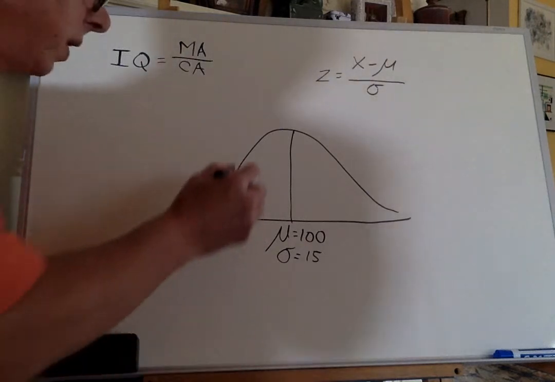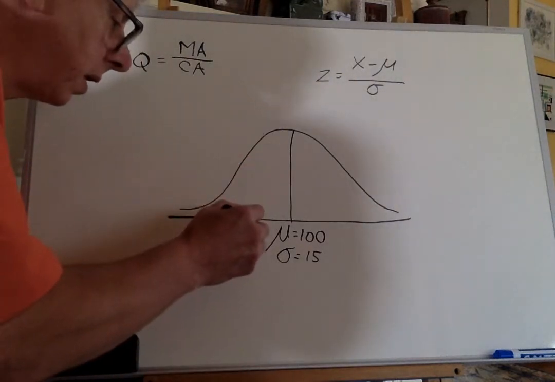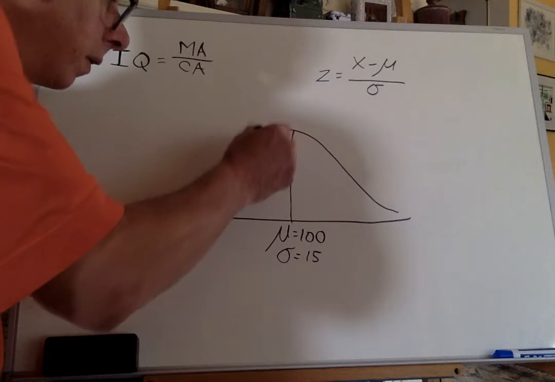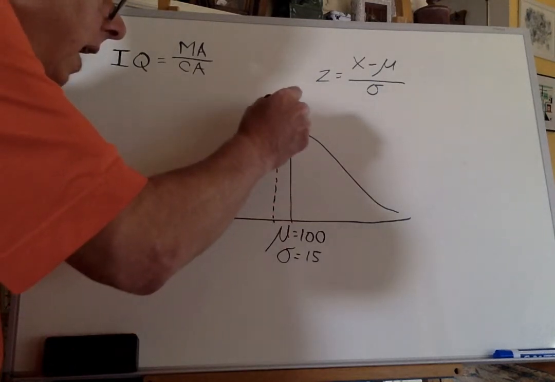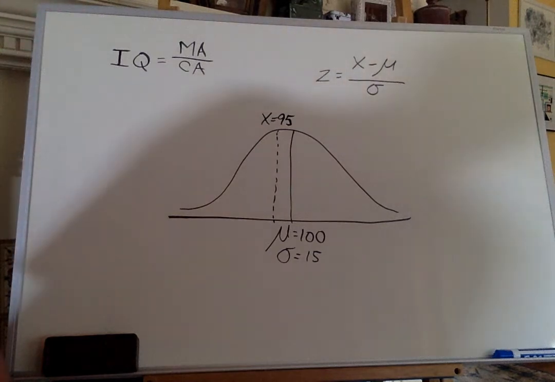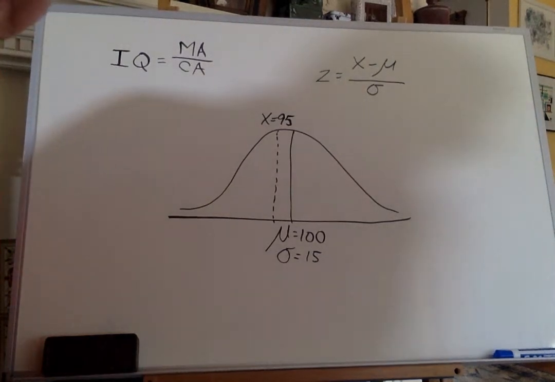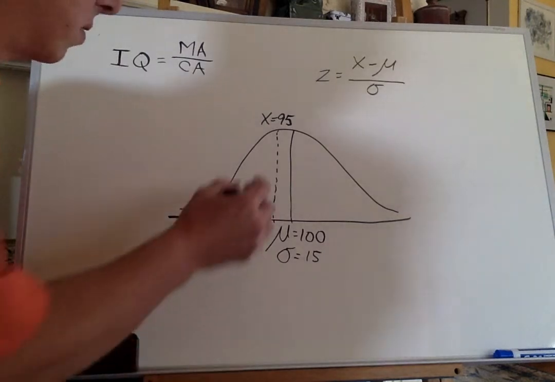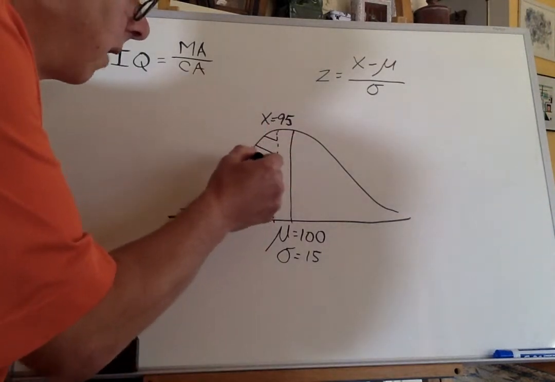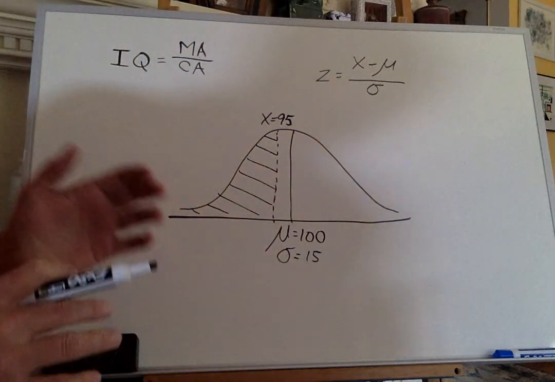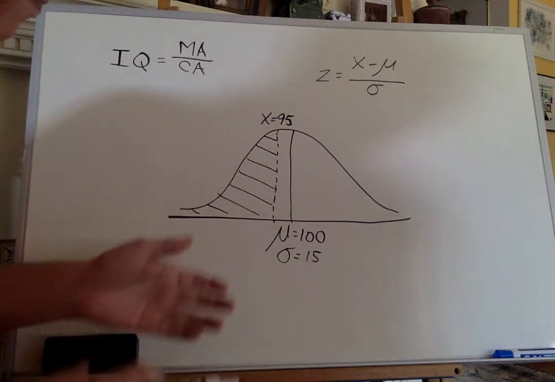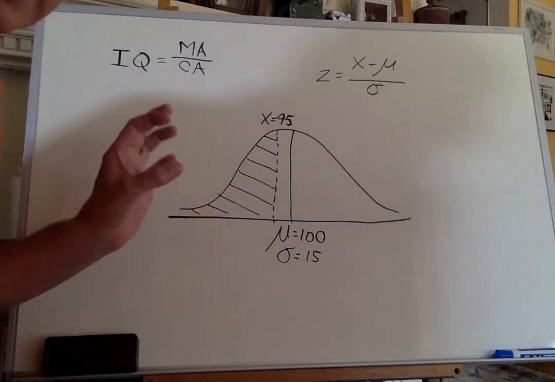So what we're going to do here is we're going to say, okay, here's our x equals 95, okay? And what percentage of the population scores below 95? So I shade in this area. When you're doing these questions, you absolutely need to draw the curve and shade in the area that you're looking for.